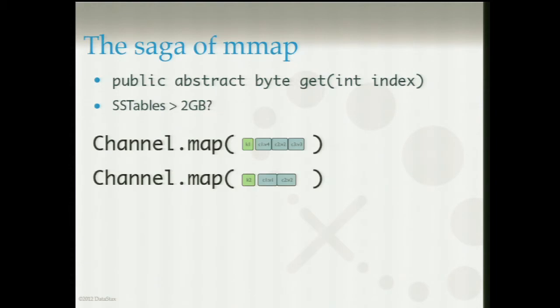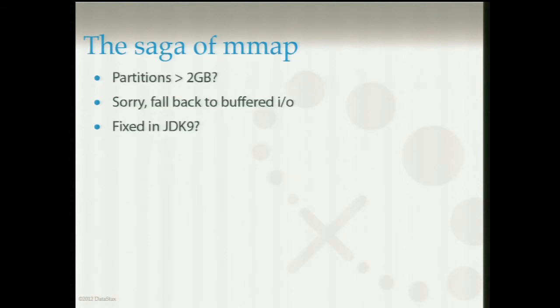So we said, okay, we can deal with this. We can map by partitions. We're going to take each of those partitions and map them separately, and that's a pretty good workaround. Well, it turns out we also support partitions that are larger than 2 gigabytes. So there's not a whole lot we can do about that.